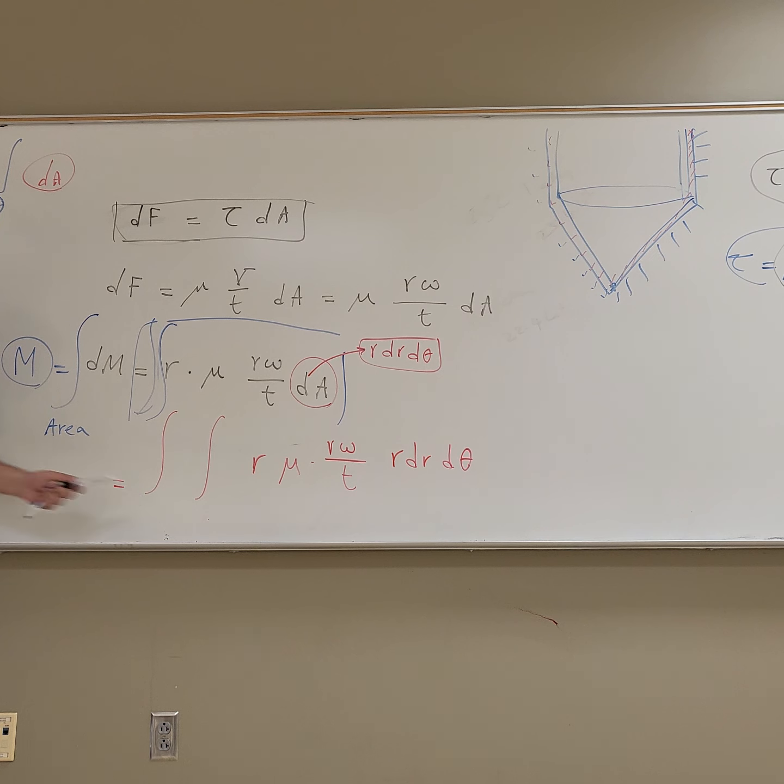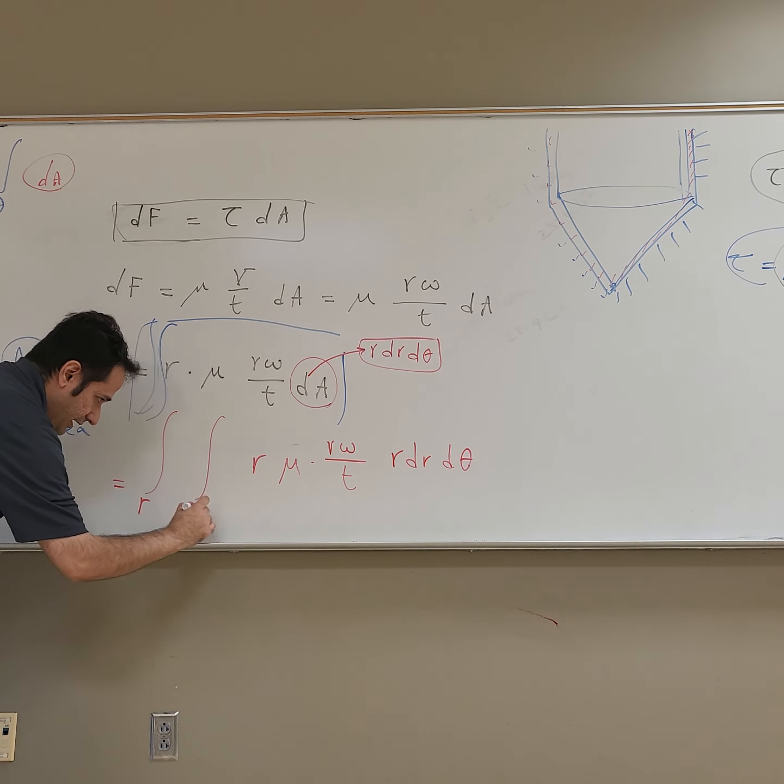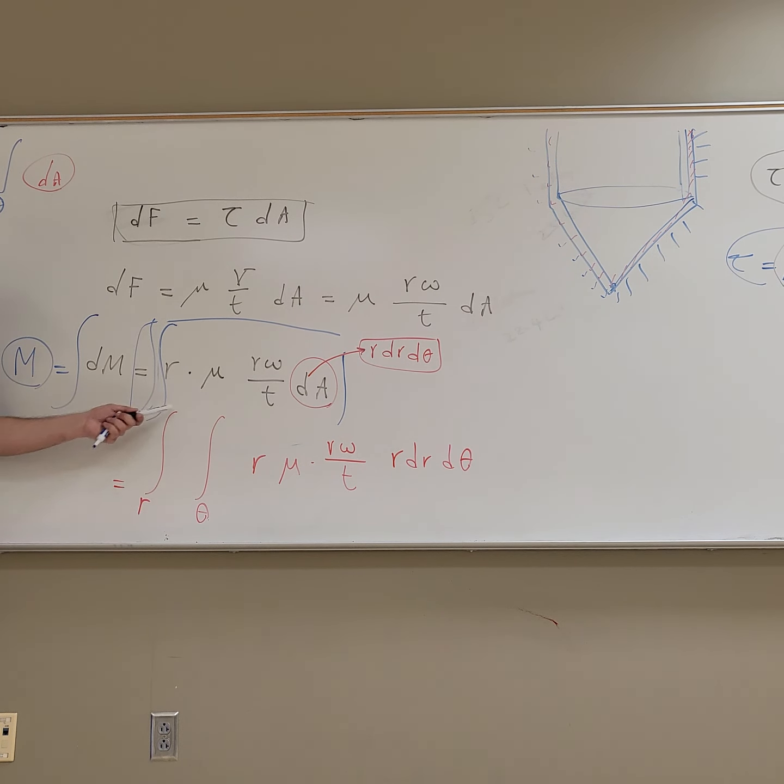Now you tell me, in this double integral, R goes from where to where? Look at this. What's the value of the radius at the center? 0. So R goes from 0 to some R.